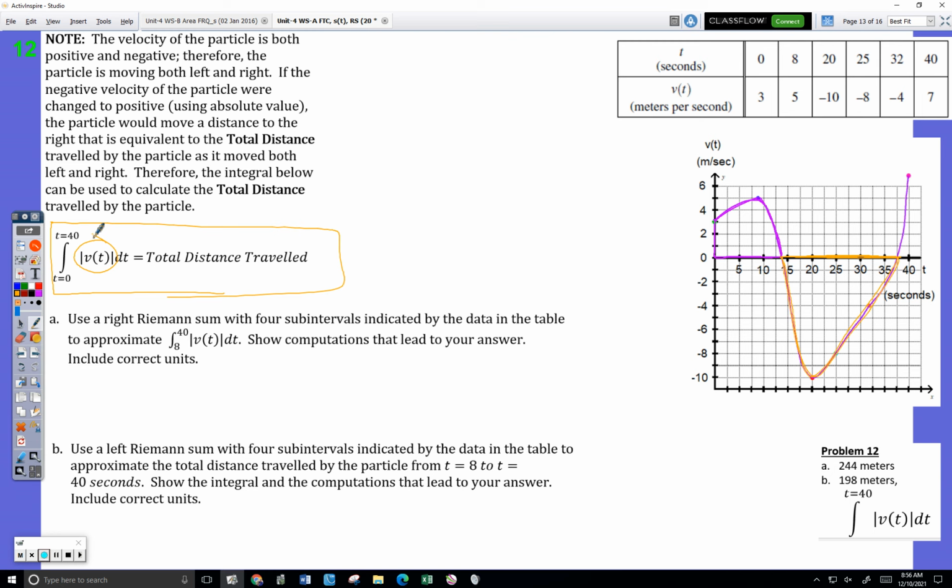Two points for Haley. So let's go back to the second row. We'll start with Mark. So we write the integral, of course. I write approximate. Then what do I write, Mark?